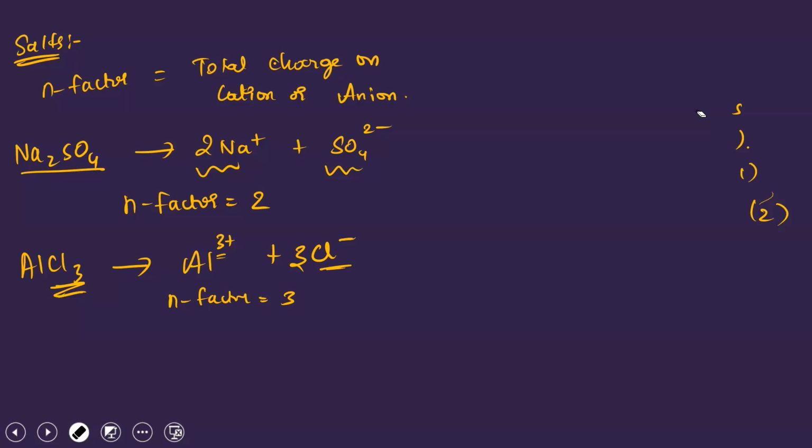So if the equivalent weight of a substance is 20 gram, how many equivalent weights are there in 80 grams? Now what will be the answer? 80 grams or 18 grams? 80.